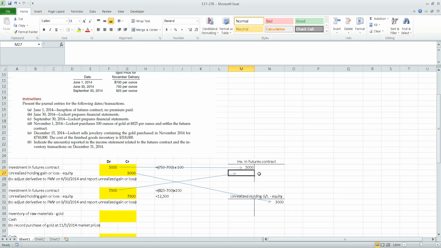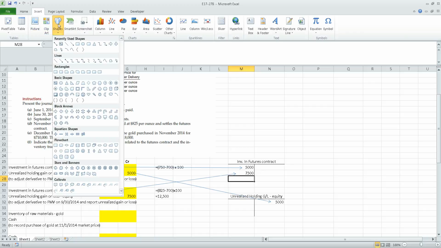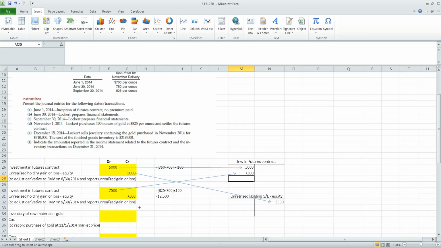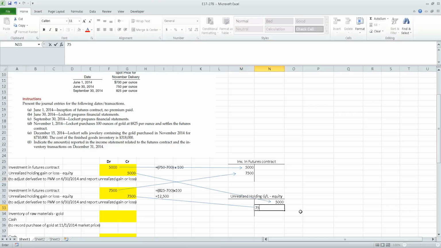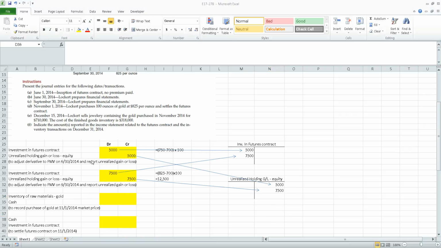So we're going to debit the investment account $7,500, and we're going to credit the unrealized holding gain or loss account here for $7,500. Okay, so right now if we were to prepare the balance in the T account for the investment account, we'd have a balance of $12,500, and for the unrealized gain or loss we'd have a balance of $12,500.